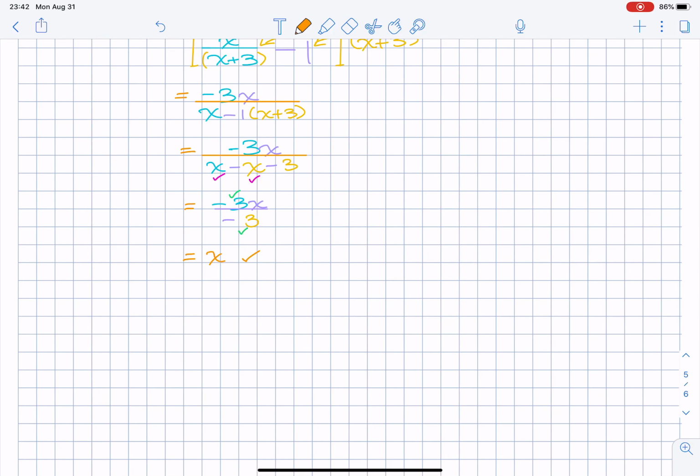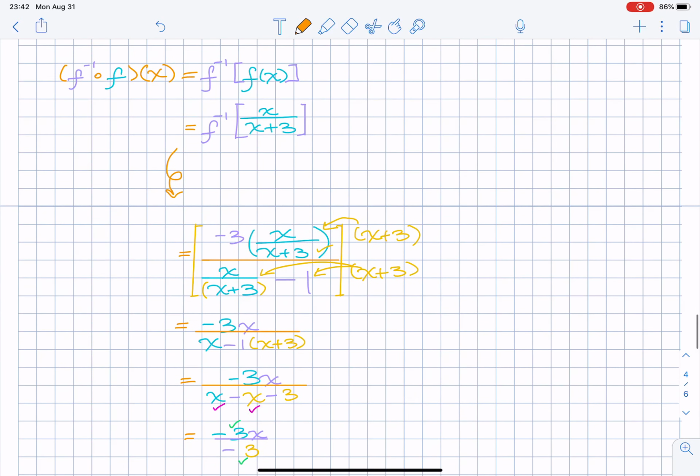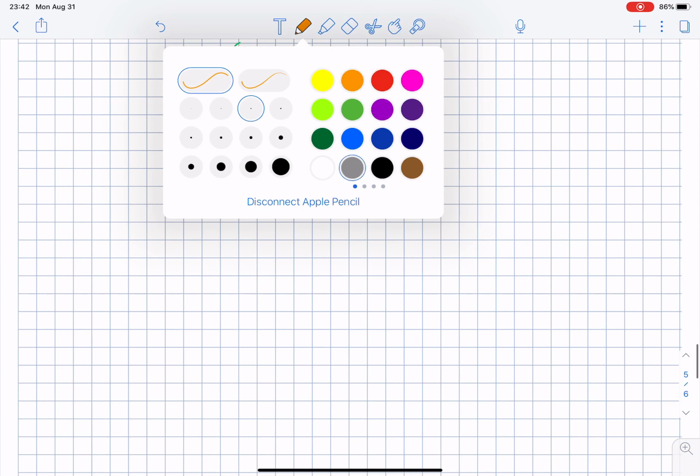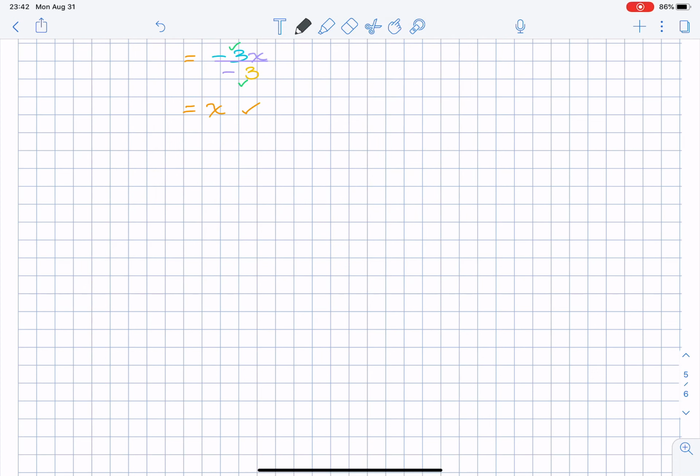Okay. So how about one more for good measure? Number 2. Let's say we have that f of x is equal to, let's do 2x cubed plus 5. So step 1 to finding an inverse, we let y be equal to f of x, namely 2x cubed plus 5.